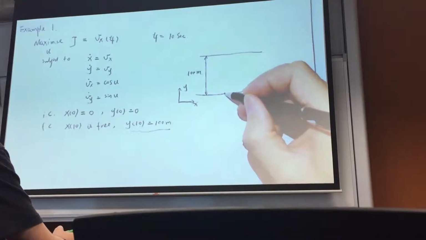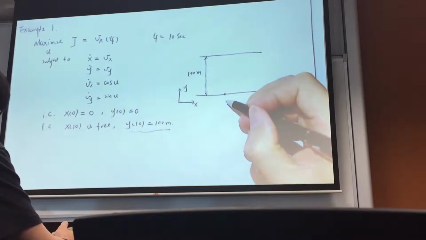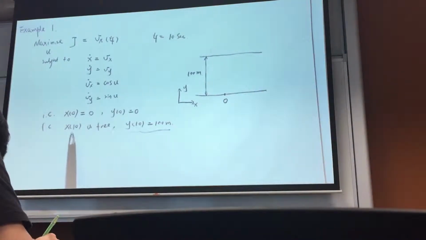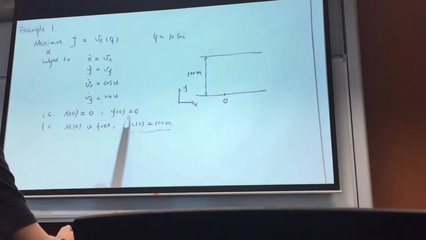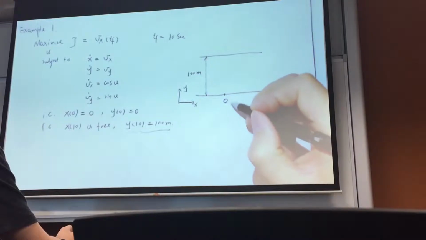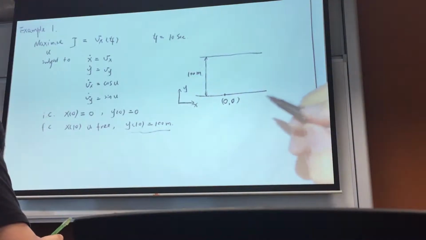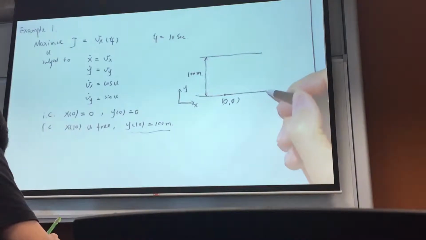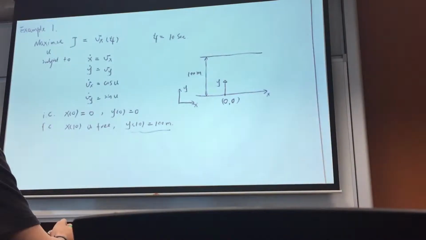So assume here is the 0 point. So the x is 0. We have this x0 equal to 0 and y0 equal to 0. So we have this x and we have this direction y.